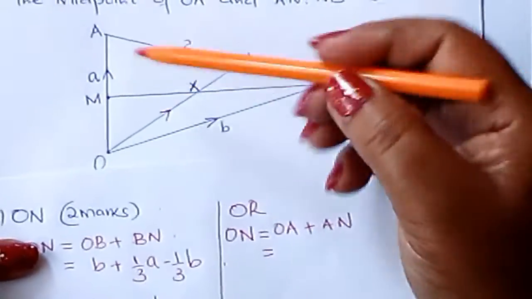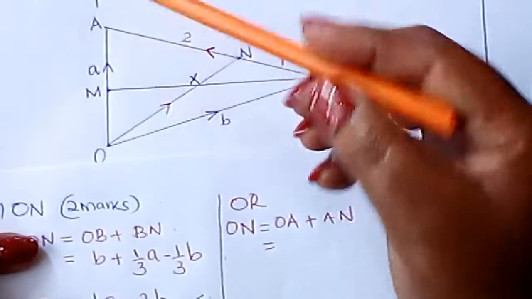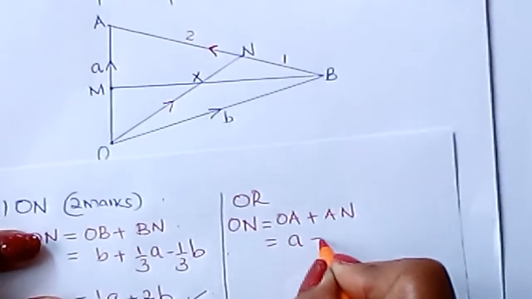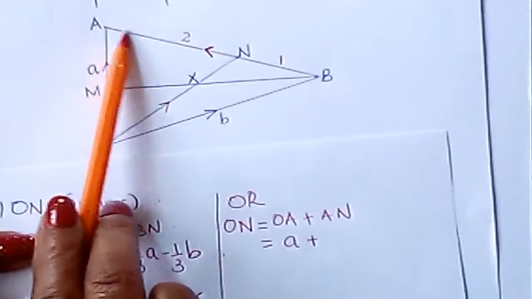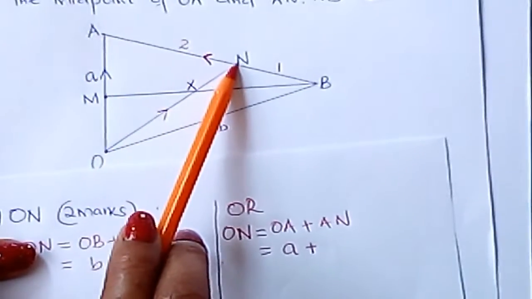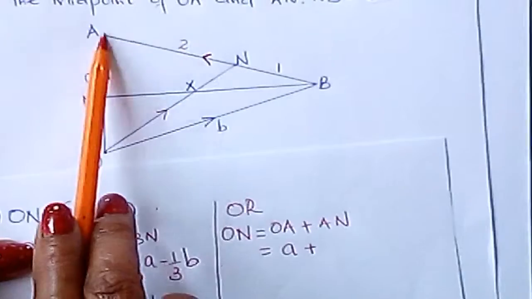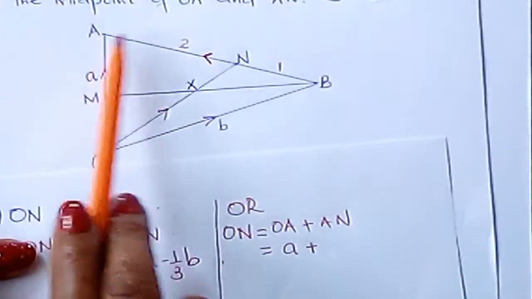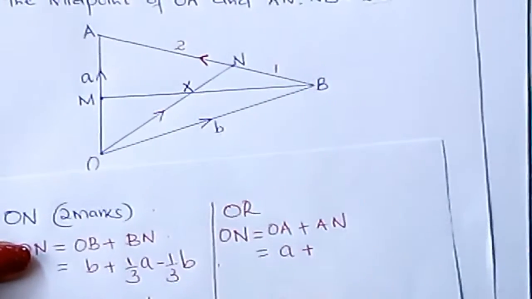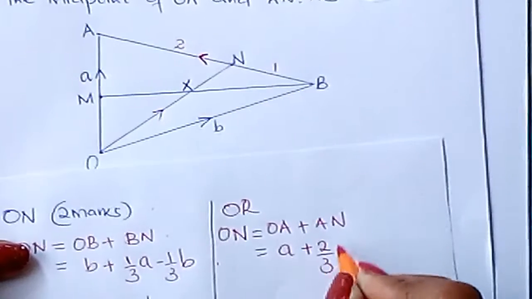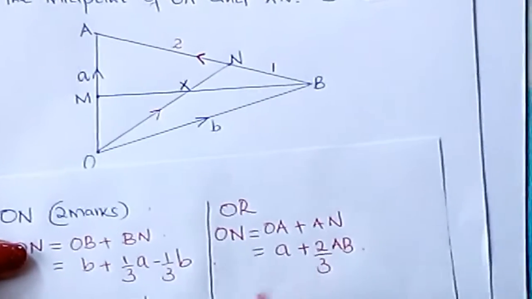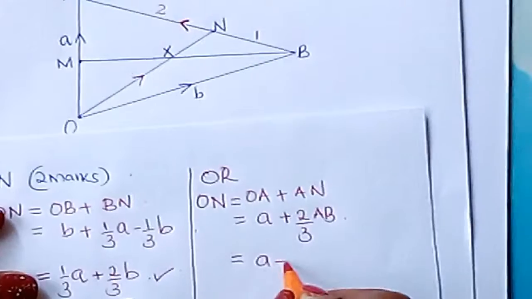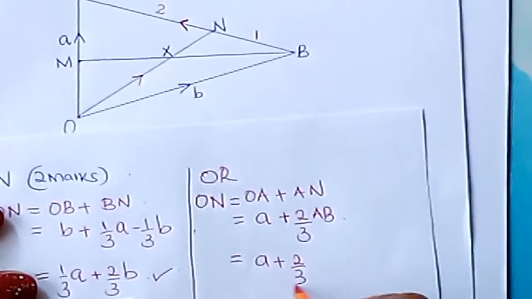Our OA, Lana, from the diagram, OA is small a. Our AN, this one here, is a fraction of AB. It is 2 out of 3 of vector AB, which is equals to A plus 2 over 3.